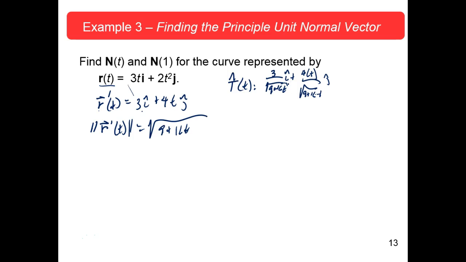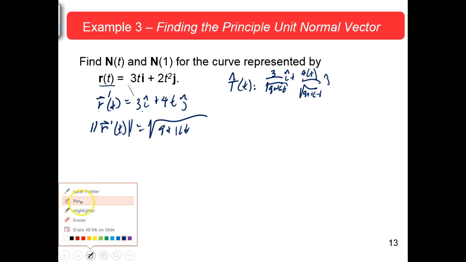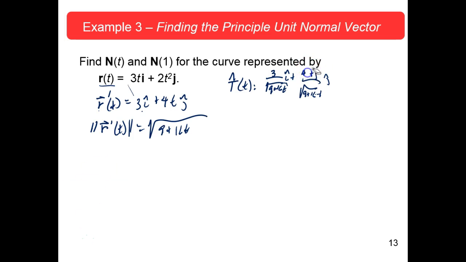Okay? And let me take out those parentheses. I'm not sure why I put them in there. I think 4t looks better just by itself. Okay. That's not a plus sign, that's a t. Okay. So the derivative of that, now here's where I get into a little bit of a quandary. Okay.